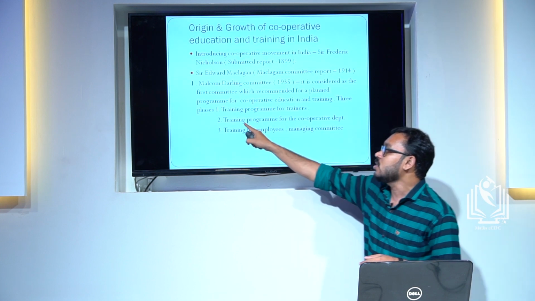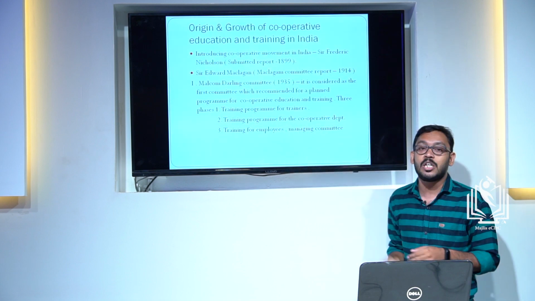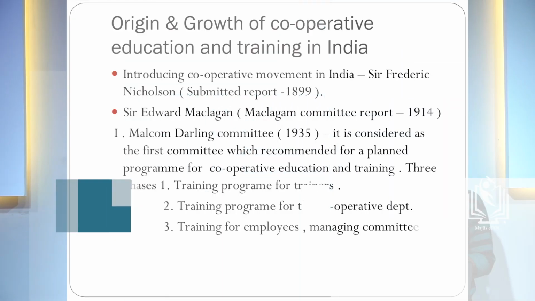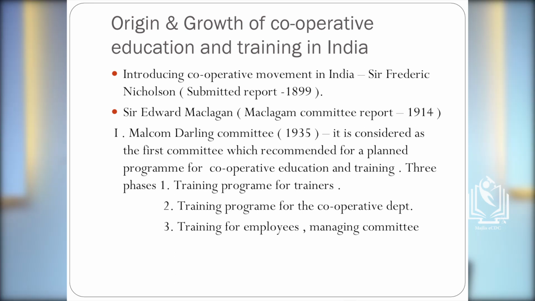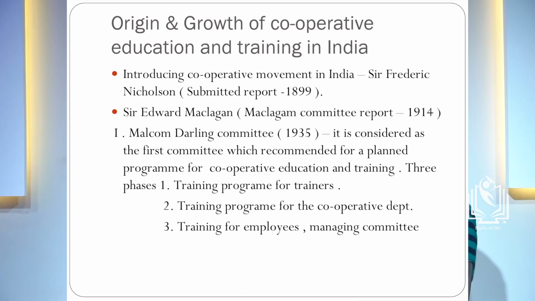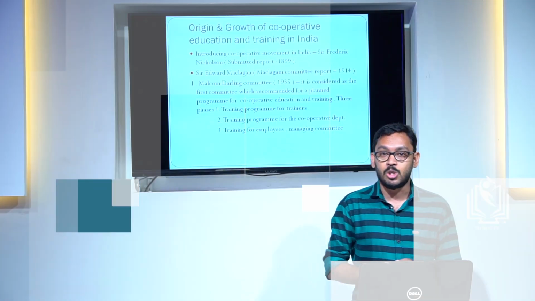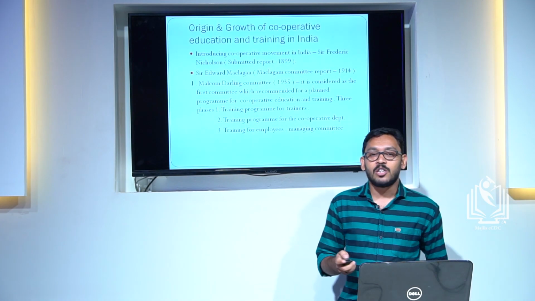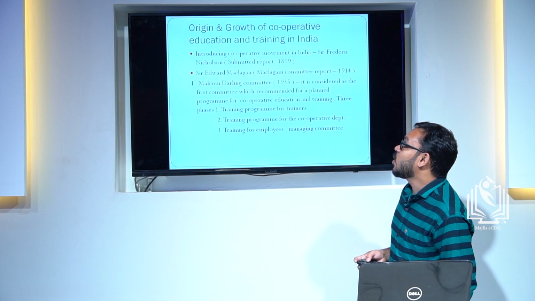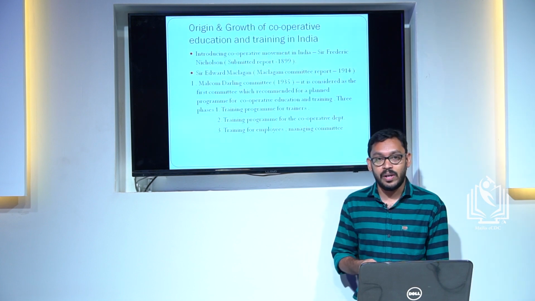The second is the training program for the cooperative department, that means training the personnel of the entire cooperative department. And the third is training for the employees, management committee and other members of the cooperative society.